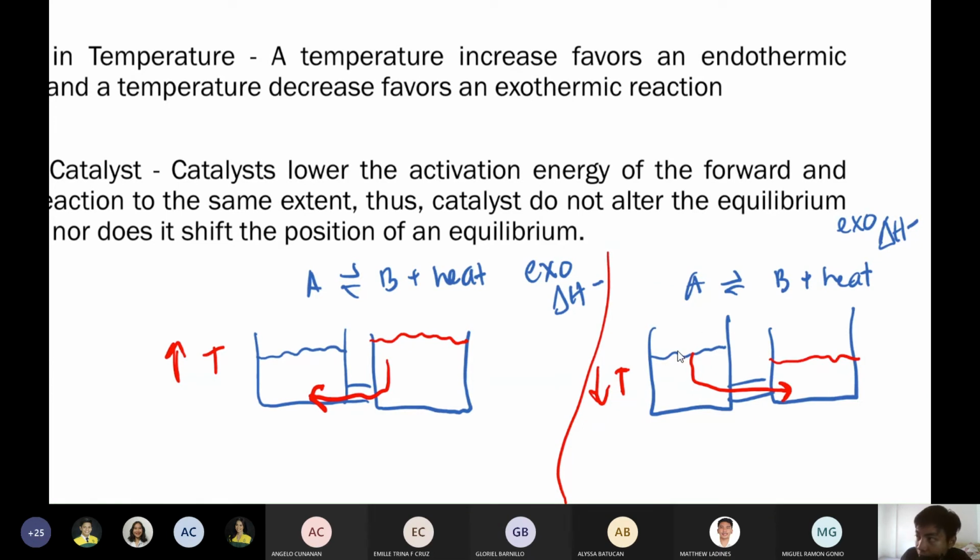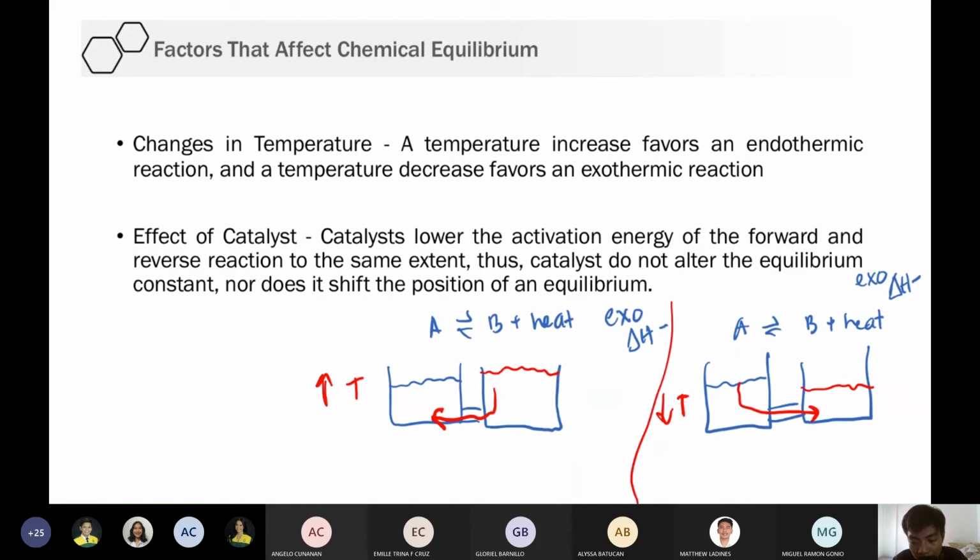Okay, the water will be pushed to the right in order to achieve the balance. So this is the counterpart of endothermic. So they are the opposite cases. In endothermic, increase temperature goes to the right, decrease temperature goes to the left. In exothermic, increase temperature goes to the left, decrease temperature goes to the right. Okay? You can just memorize that or just use the water bucket analogy.